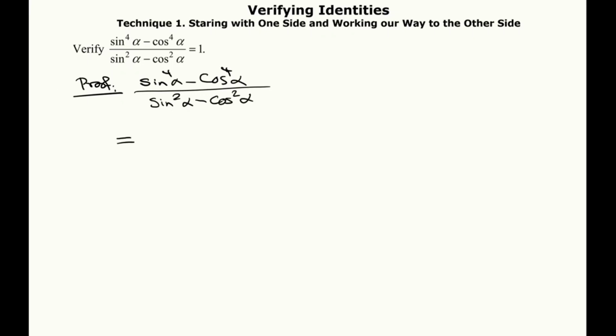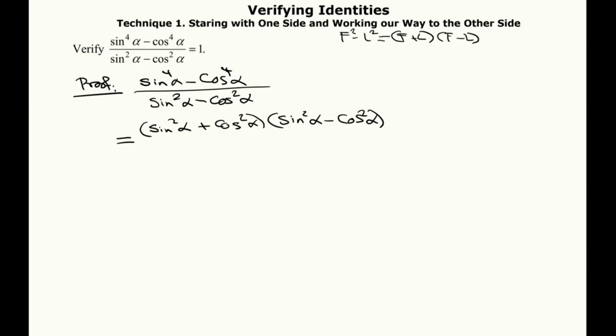Now we know how to factor the difference of squares on the top, so that should be sine squared alpha plus cosine squared alpha times sine squared alpha minus cosine squared alpha. Again, f squared minus l squared equals f plus l times f minus l.